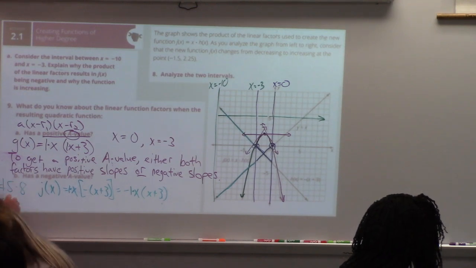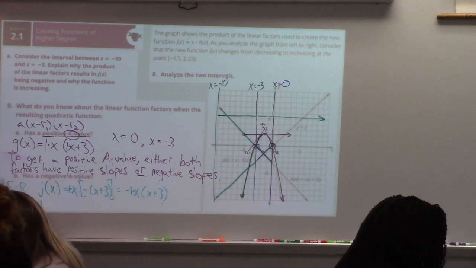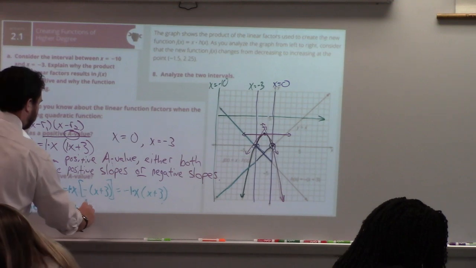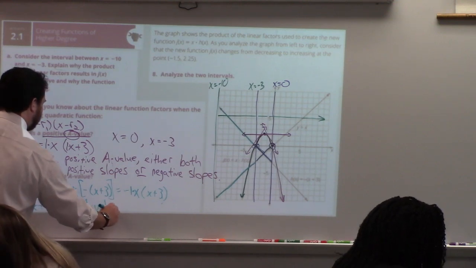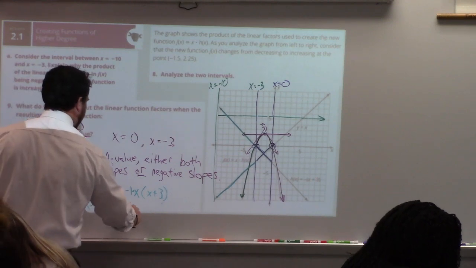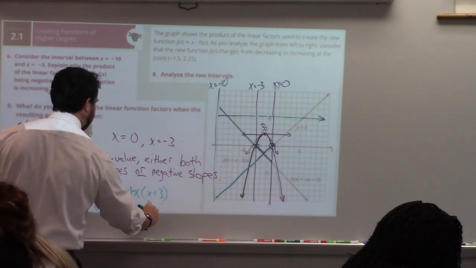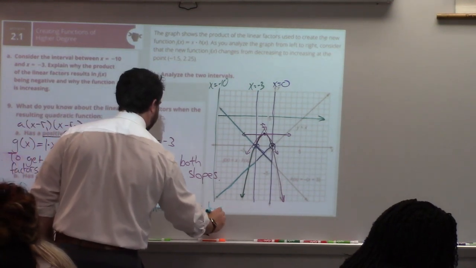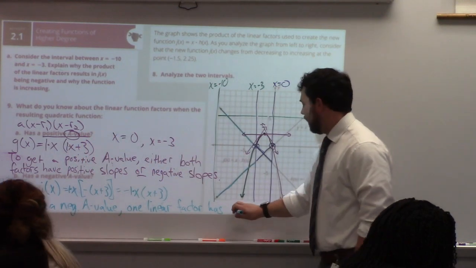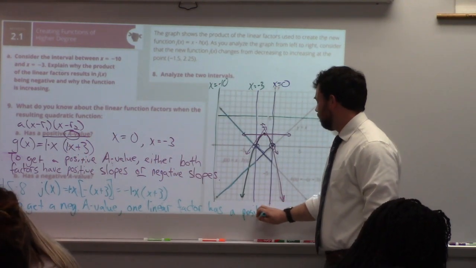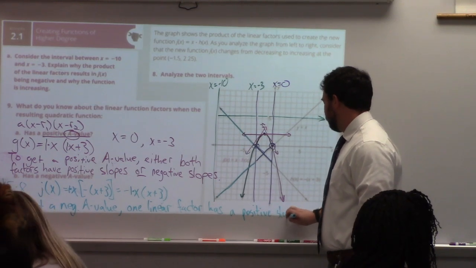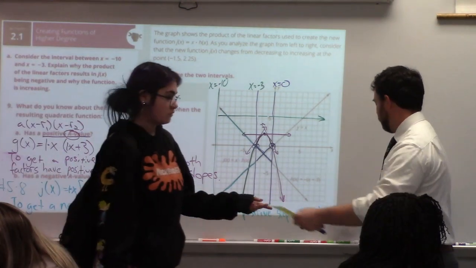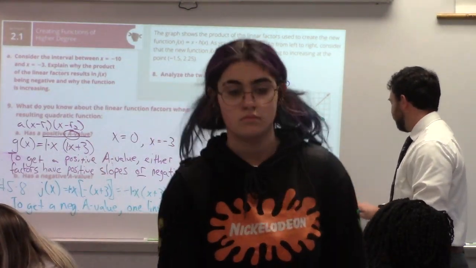We want to recognize here to get a negative a value, one linear factor has a positive slope and the other is negative.